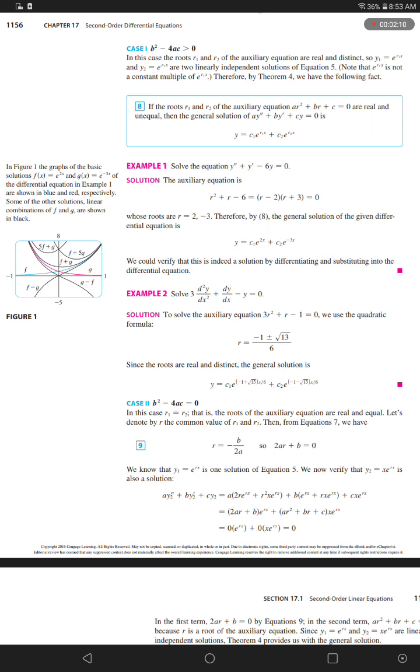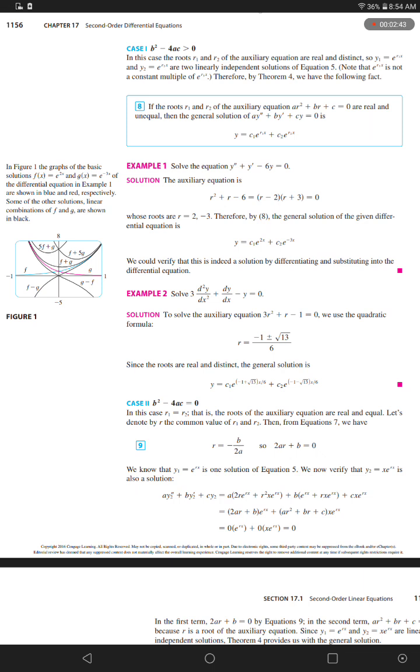Example 1. Solve the equation y double prime plus y prime minus 6y equals 0. Solution: the auxiliary equation is r squared plus r minus 6 equals open r minus 2 close open r plus 3 close equals 0, whose roots are r equals 2, negative 3.